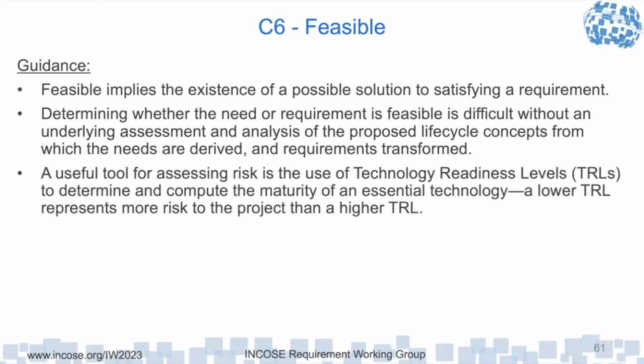Concept analysis and maturation determine whether a needed requirement is feasible, which is difficult without underlying assessment, like I said. Useful tools: technology readiness levels. How many have heard of technology readiness levels? TRLs are a scale of 1 to 9. One is someone wrote a paper, and then you start doing some work and building breadboards and brassboards, and then you work at building something, and then you start integrating it into its operational environment. And 9 is something that's in routine use in that operational environment.